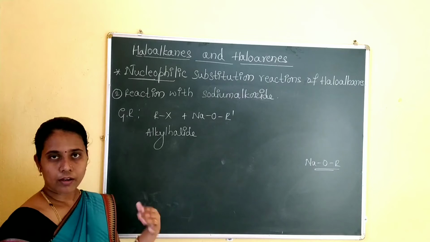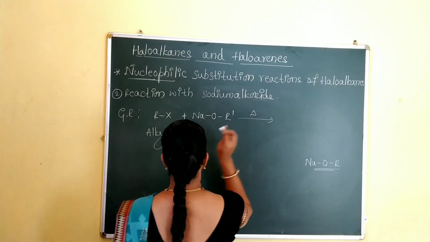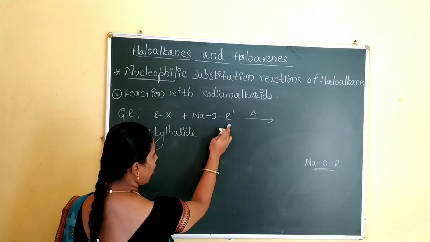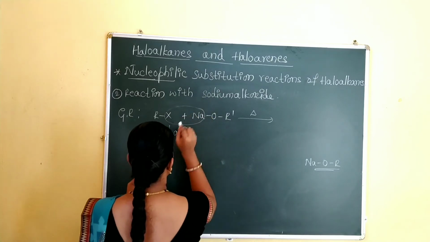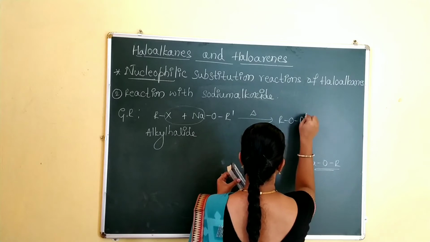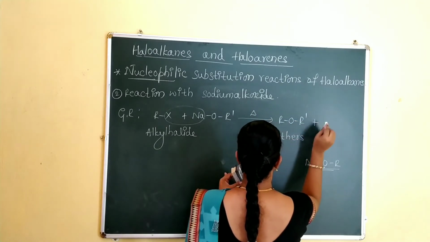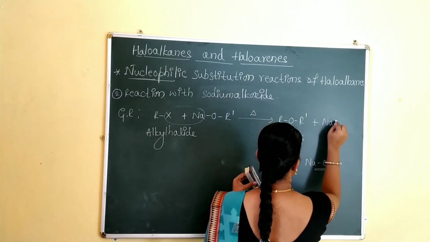They may be the same or they may be different. When an alkyl halide is heated with sodium alkyl oxide, ROR dash, ethers are formed, plus NaX, sodium halide.